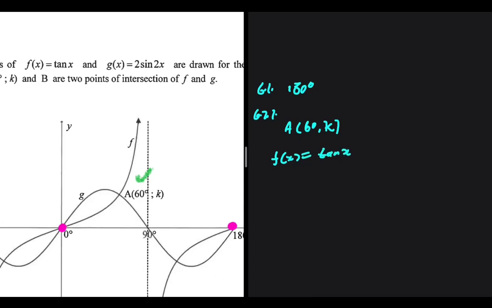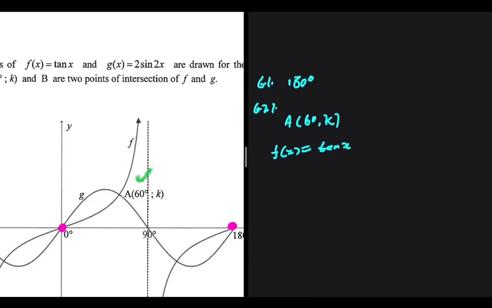If we substitute x equal to 60, we should have f of 60 equal to tan of 60 degrees. If you put this in your calculator, you're going to get k equal to the square root of 3, which in decimal is 1.73. This is the value of k.